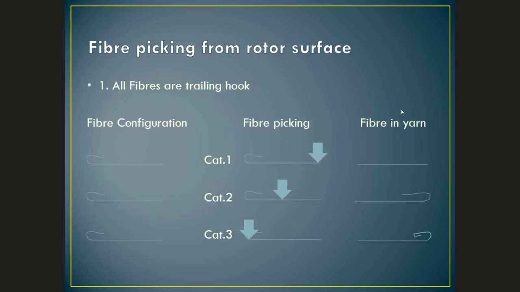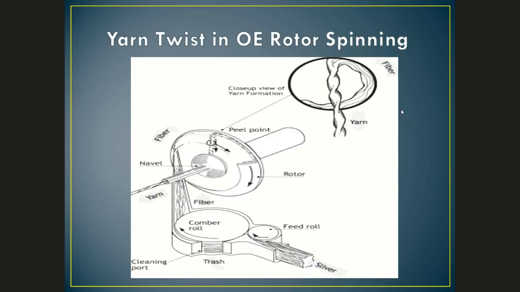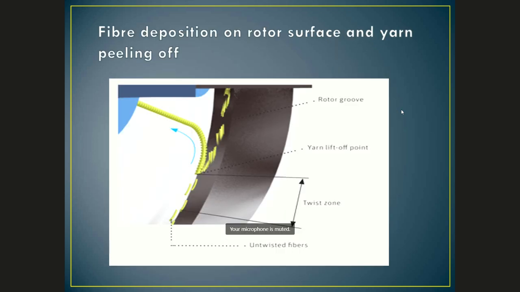So now look carefully at this figure again. Suppose this is a situation where a fiber is on this rotor surface. Here part of the fiber is on the rotor surface and part of the fiber is in the transport tube. The yarn tail comes here.